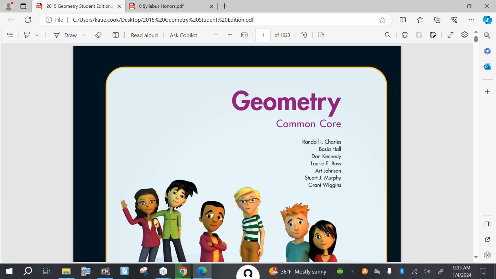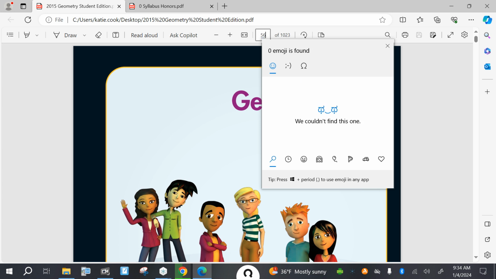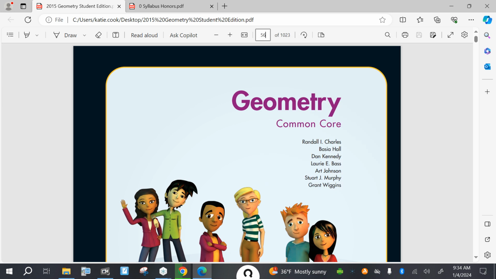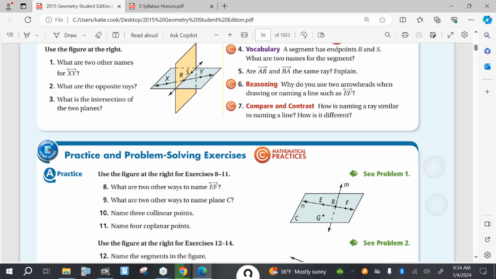But if you're downloading it, that's great, because if you download it, it now pops up like this, where you can just go at the top button here, and then you can type in tonight's page, which is page 56. And then it jumps straight to what problems that you have to do. So download it maybe during your free period, because it might take a while if we're all downloading at the same time. But you can go ahead and start on your homework.